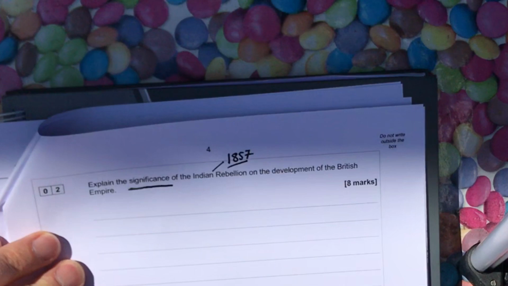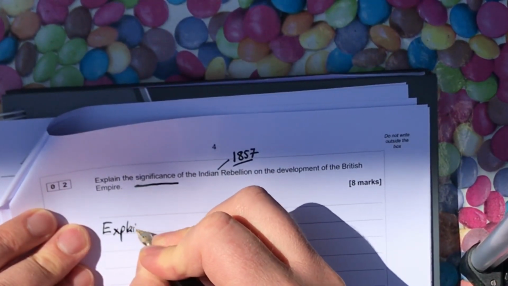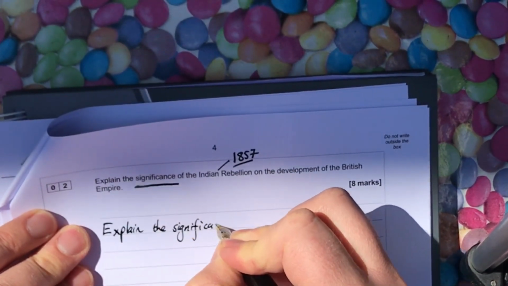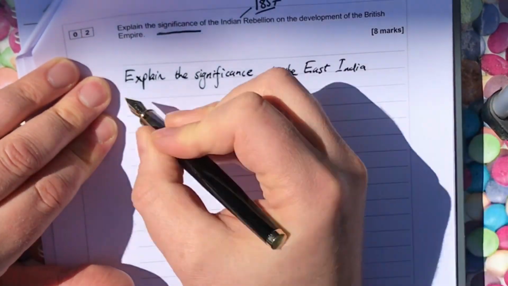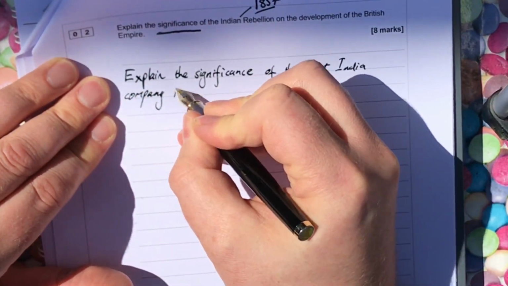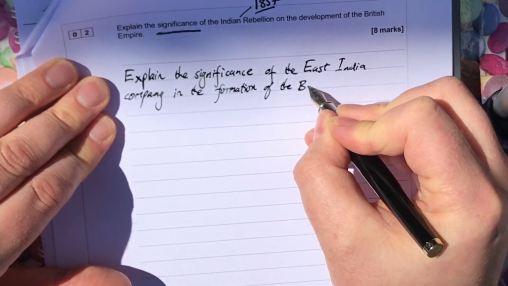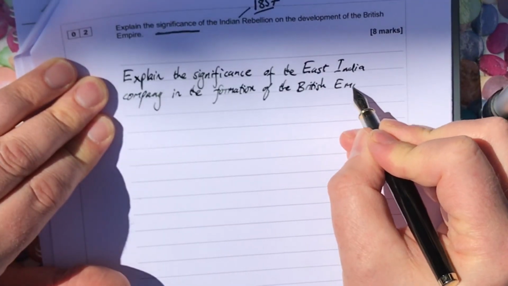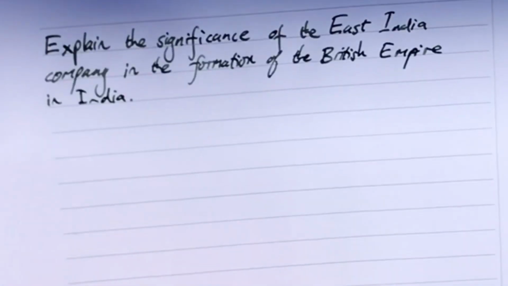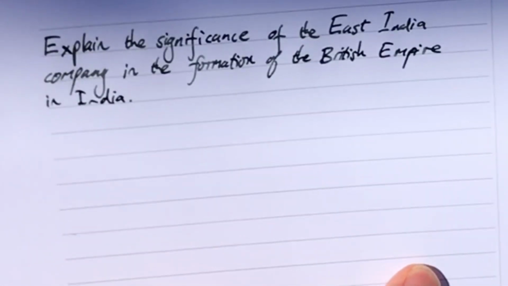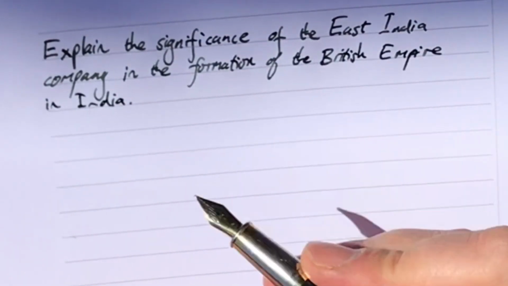So for this one, I'm going to reword it like this. So I've tweaked the question ever so slightly there to explain the significance of the East India Company in the formation of the British Empire in India.